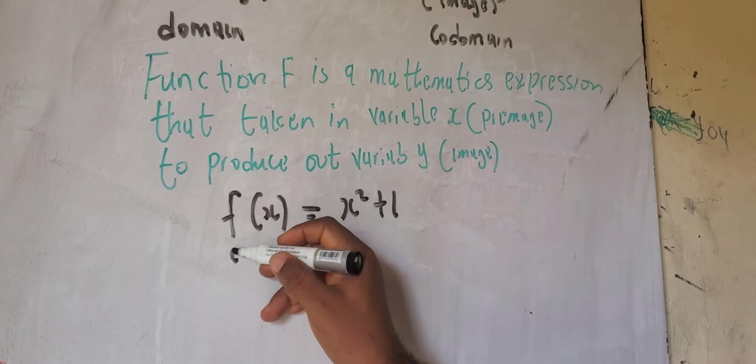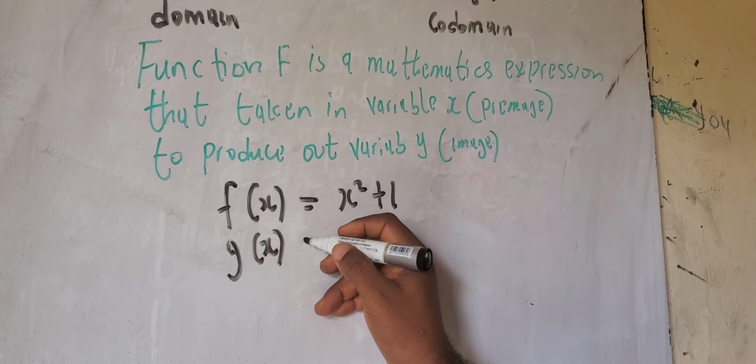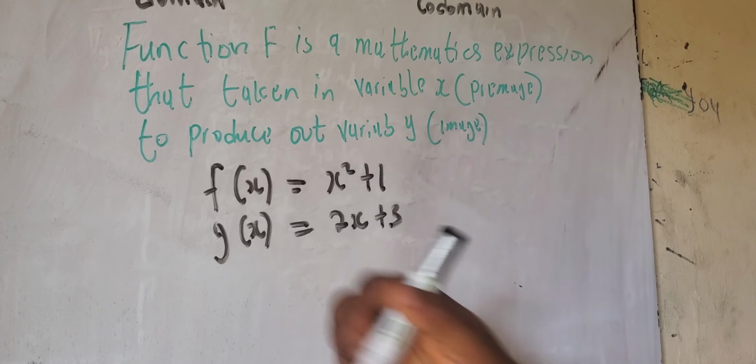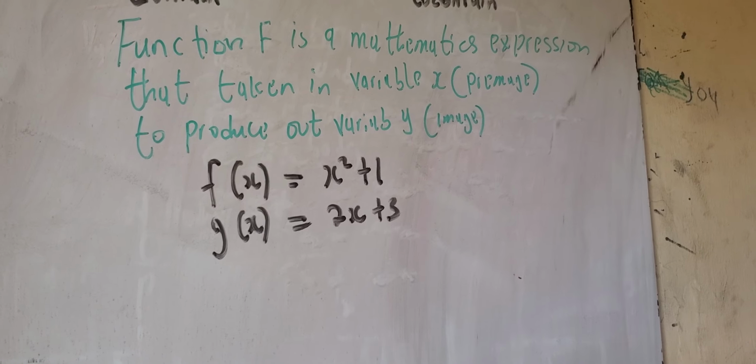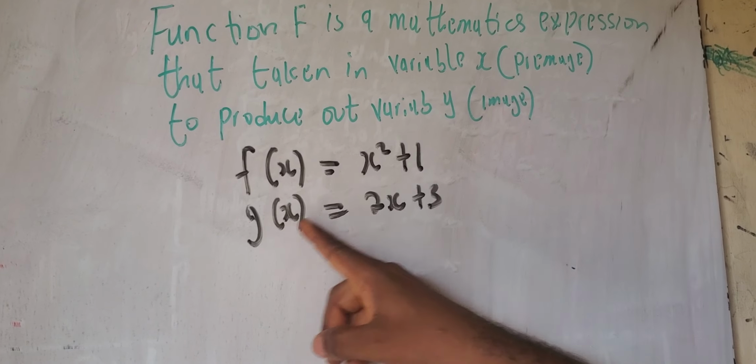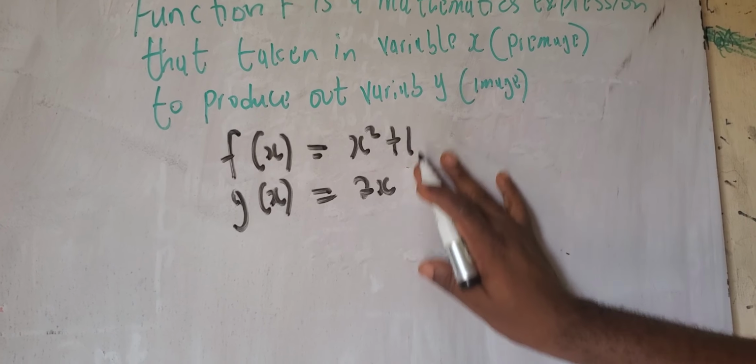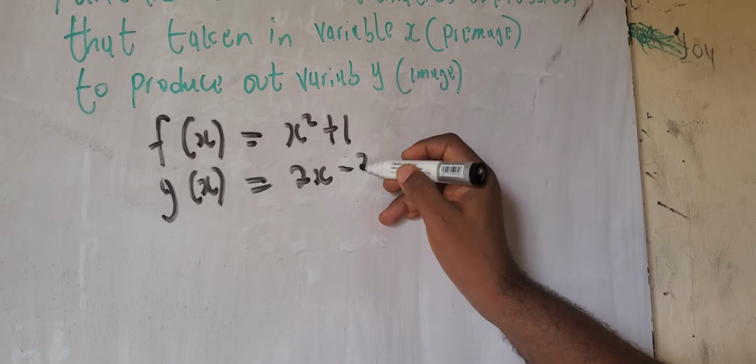I can equally have g of x is equal to 2x plus 3. That means the function that g is performing on this input is that you multiply this input by 2, you add 3. Or let me say subtract 3. Let me use subtraction, since I've used addition here.